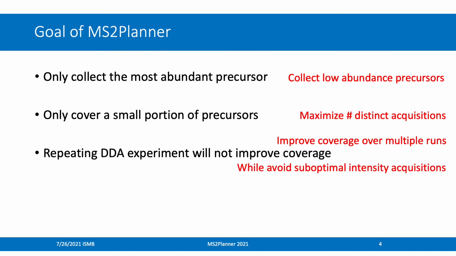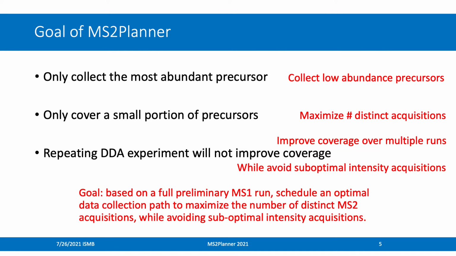Meanwhile, we don't want to collect low quality fragmentation spectra, so we will also avoid suboptimum intensity acquisitions. In one sentence, based on a full preliminary MS1 run, we will schedule an optimum data collection path to maximize the number of distinct MS2 acquisitions while avoiding suboptimum intensity acquisitions.